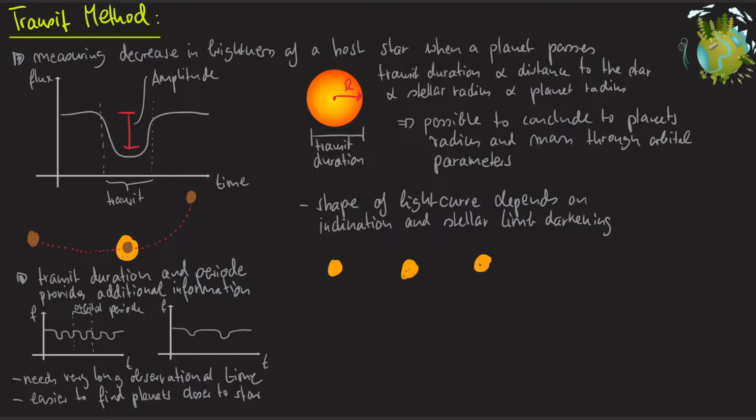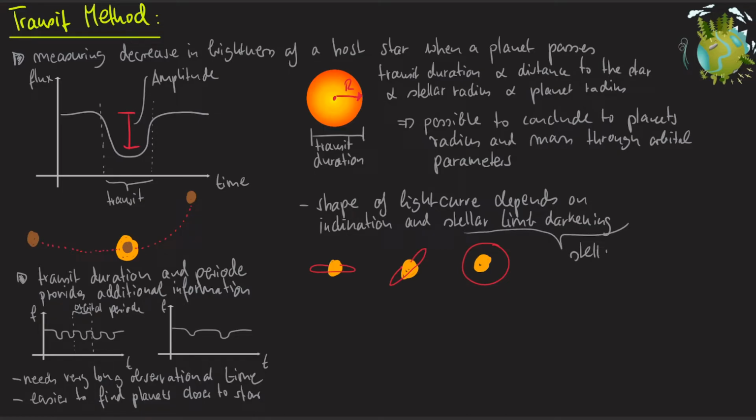We can either have the edge-on case, which we have here, so the orbit is right in front of the star. Now if we have face-on, like the third one here, then we cannot see a change in brightness at all. Mostly it's going to be a mix of all of that.